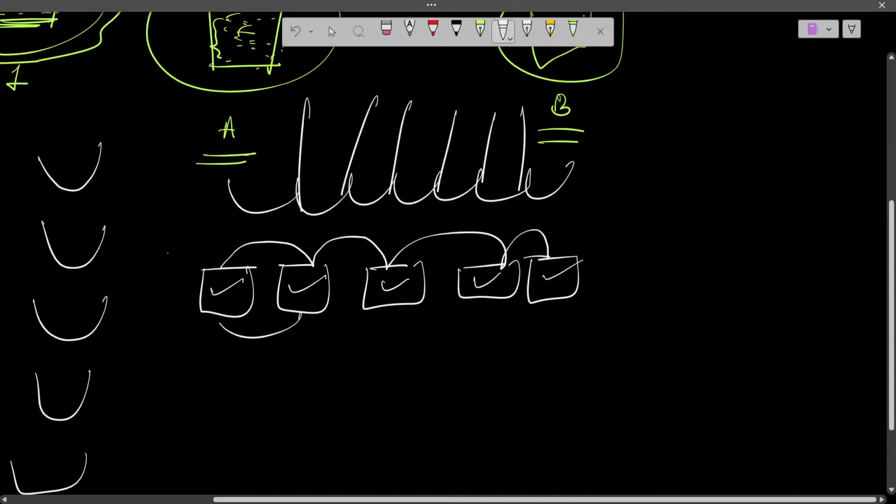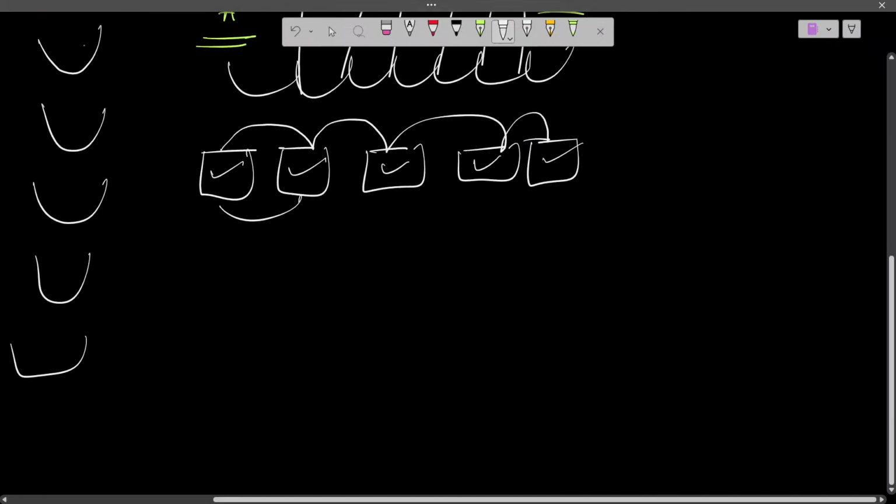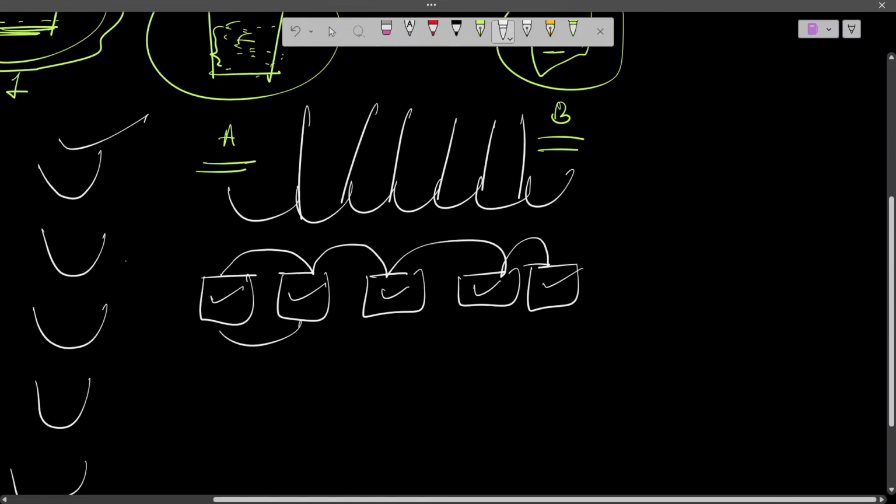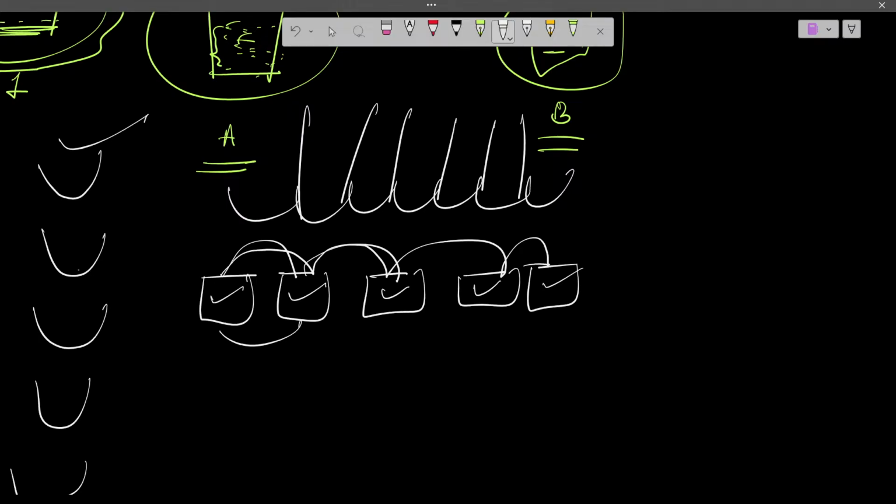We don't need to give one person one bucket. One goes, then person A takes this bucket and passes it on to him. I think you guys are understanding that. Let's take bucket 3.